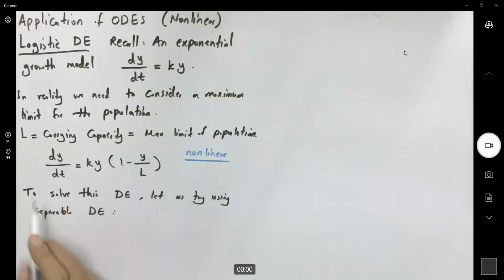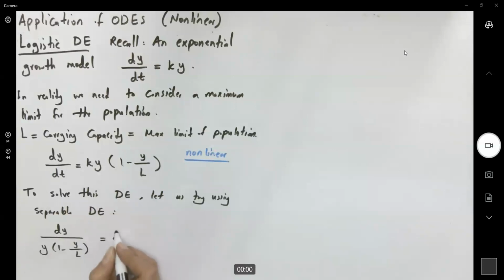If we write this as dy divided by y times (1 minus y divided by L), on the right hand side you have k times dt. As you can see, we just wrote this in separable form, so we can take the integral of both sides.